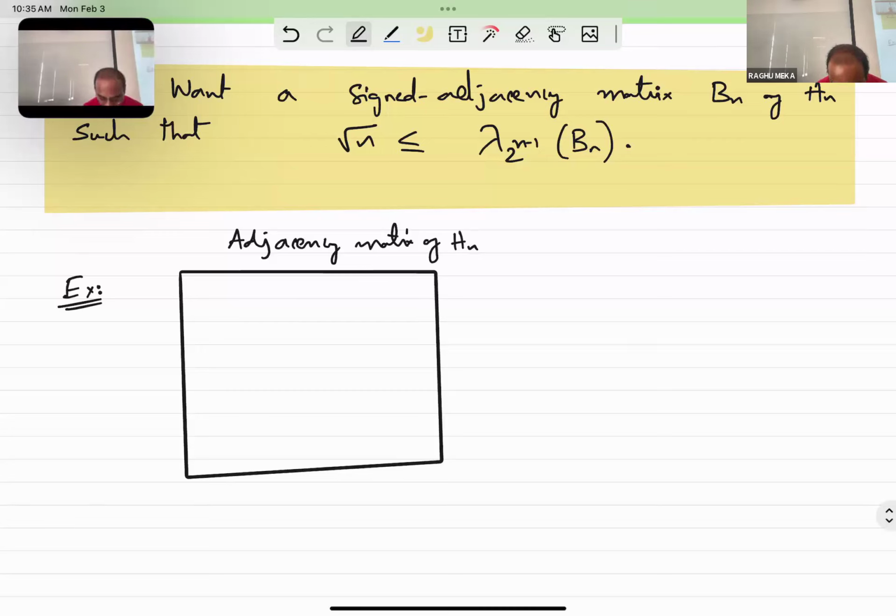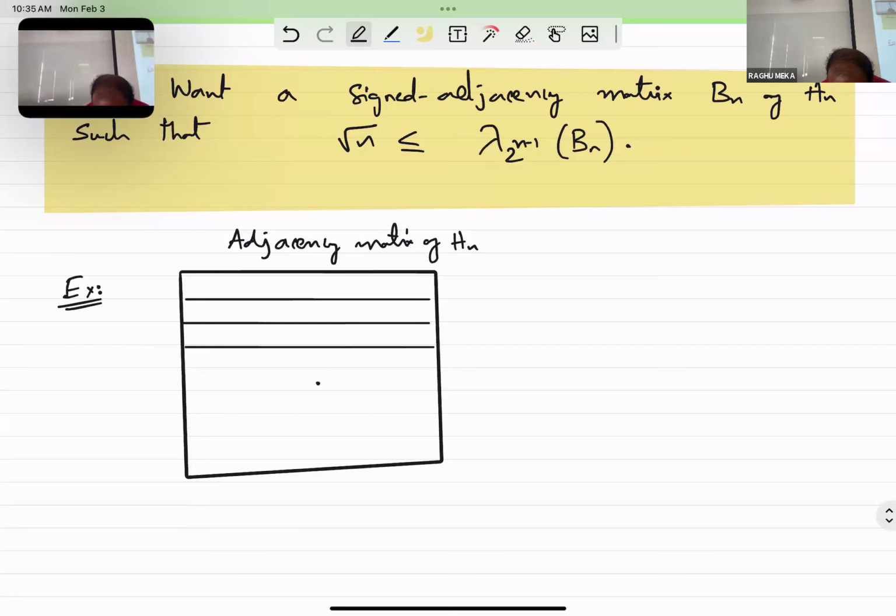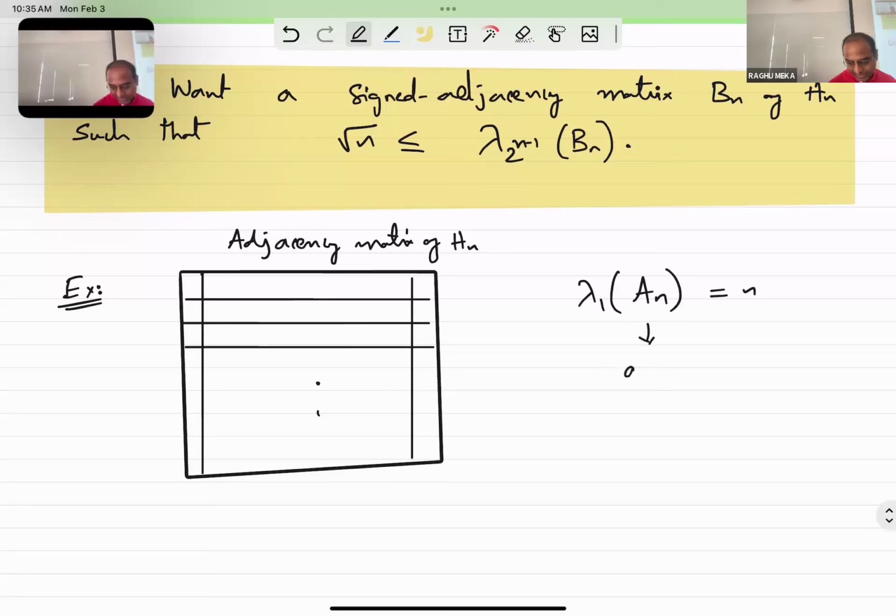Then each row and column, so these are bit strings. So what's the largest eigenvalue of this matrix, for example? n, right? Because each vertex has degree n, it's a regular graph. So largest is going to be just n.